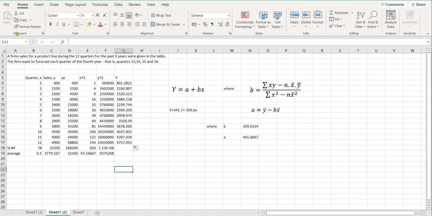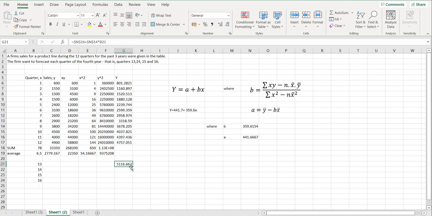Coming back to the question, because the firm wants to forecast each quarter of the fourth year, which is quarters 13, 14, 15, and 16, we need to put another entry here for quarter 13, 14, 15, and 16. We need to find the value of y, so we just copy this one to here.